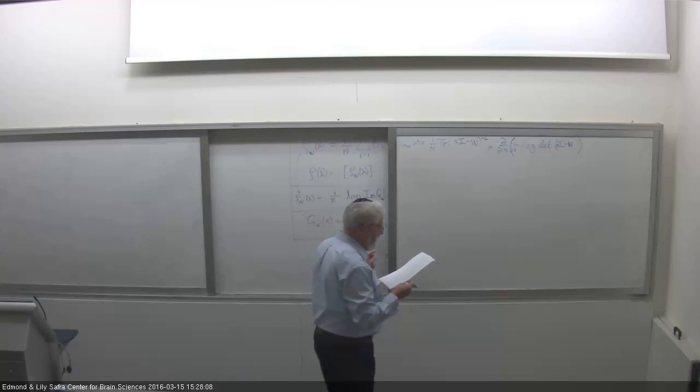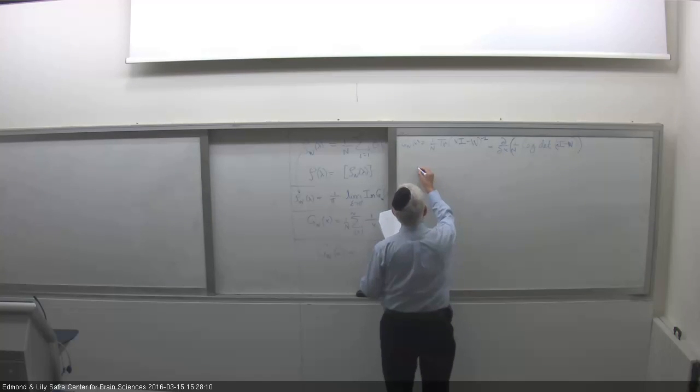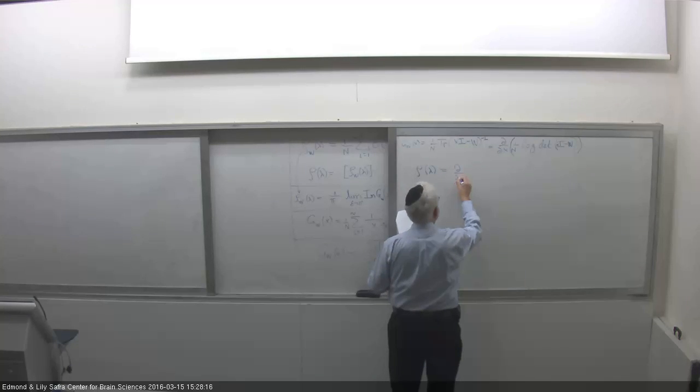Okay, so we can write down that rho of lambda, to summarize, will be d/dx.